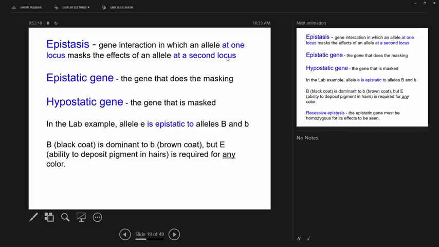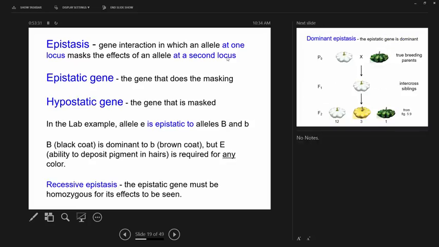It's the one that is better than the other. I guess it has more power than the other one. I just don't want you to use the word dominant because that's not what it means. It's going to get confusing. And if you say dominant when you really mean epistatic, I have to take off for that. All right.